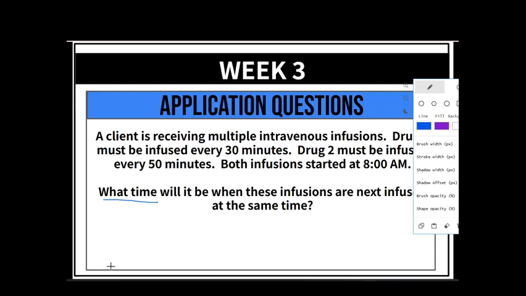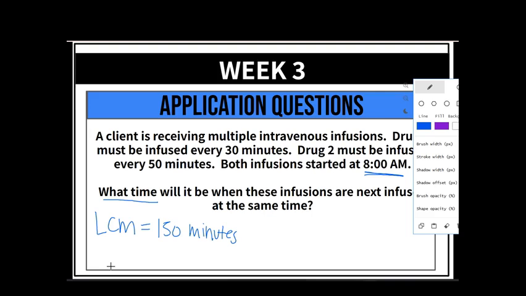If you'll remember from our last question, our least common multiple was 150 minutes. And so that means that at 150 minutes past 8 a.m., both the drugs 1 and 2 will be infused. So this question is asking what time will that be at?